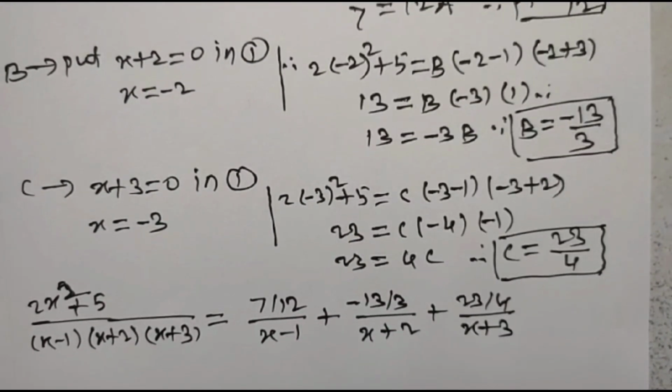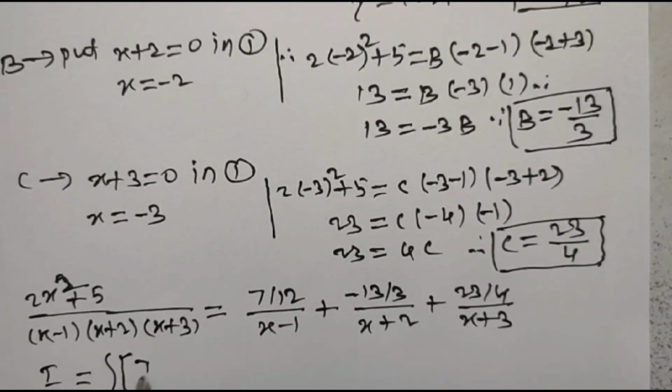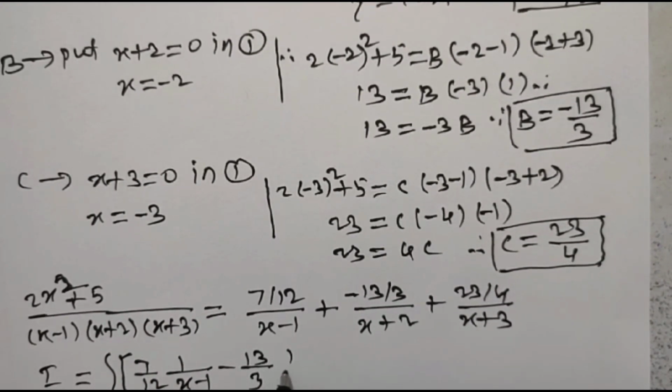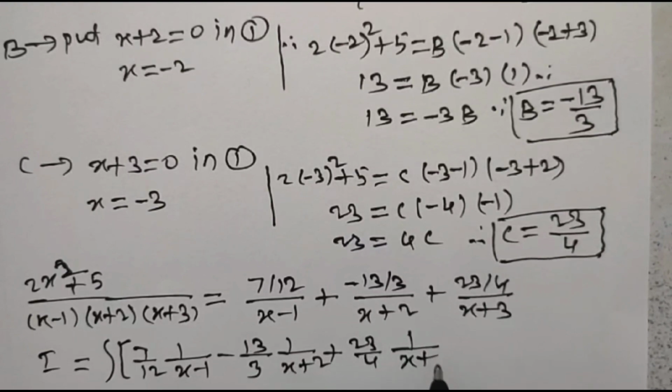And then integral I can be written as I is equal to integral of 7 upon 12 into 1 upon x minus 1, minus 13 upon 3 into 1 upon x plus 2, plus 23 upon 4 into 1 upon x plus 3, and integral with respect to x.